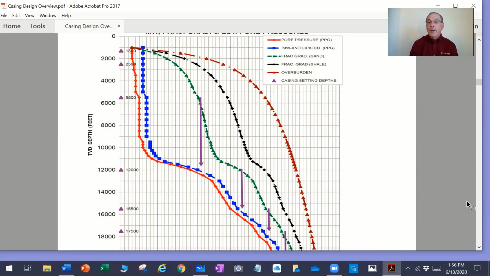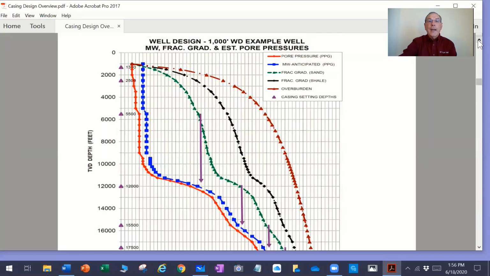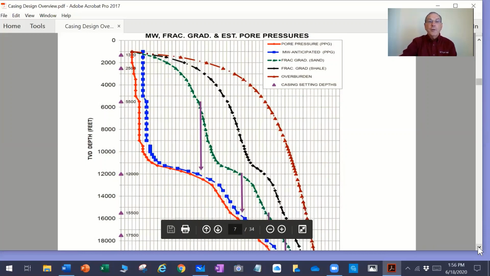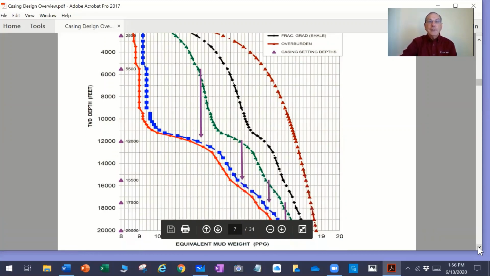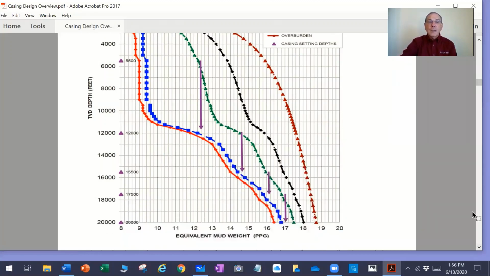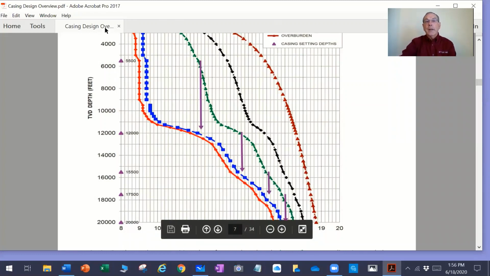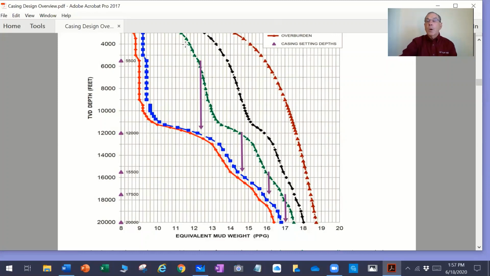An experience-based depth is typically picked for the surface casing depth. For this example, which I think I just made up, in 1,000 foot water depth, I chose 5,500 feet as the surface casing setting depth. I also have conductor casing set above that, which more than likely would be required because of regulatory requirements.